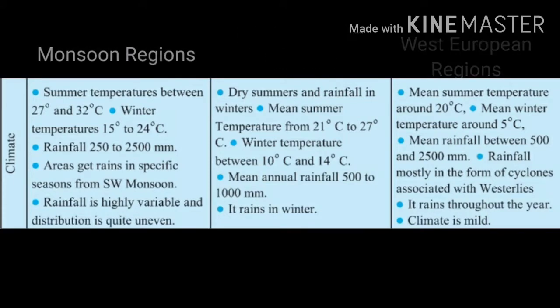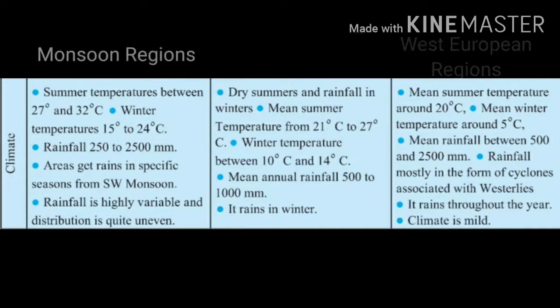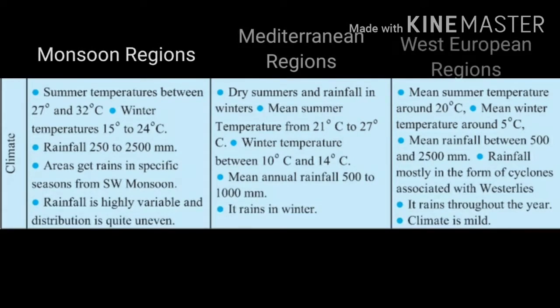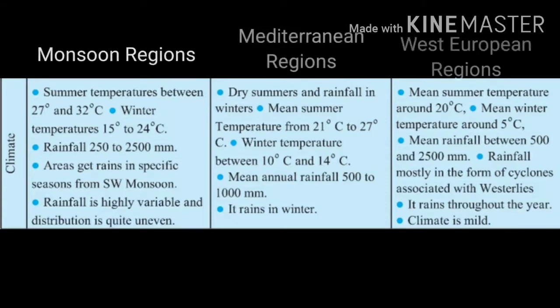First one is given of summer temperature, and now in the second line, you can see rainfall 250 to 2500 mm. Then in the third line you can see the areas get rain in a specific season from the southwest monsoon. Then last, rainfall is highly variable and distribution is quite uneven.